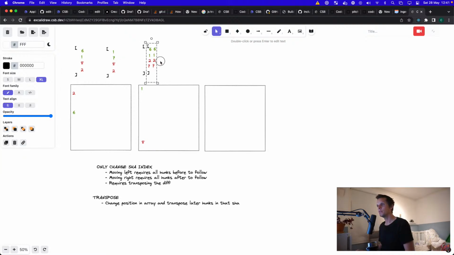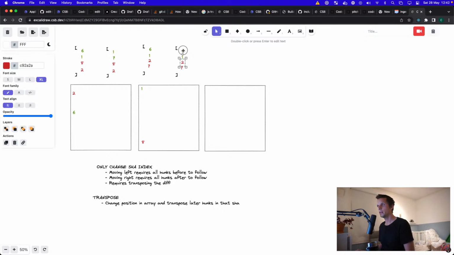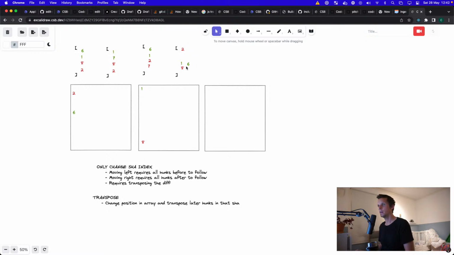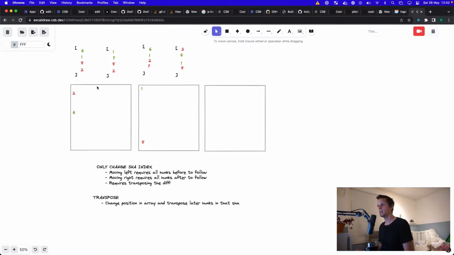Okay, so we actually moved all the way to the front. Oops. This should be 8 for now. So now we actually moved 2 over here. With the same rule set applied, it means that we transpose this to 5.